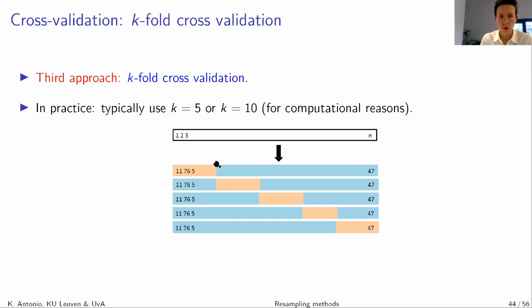You're gonna split the data into k folds. You're gonna train the model on the blue data, and you're gonna use it to predict the orange data. And you're gonna do this in this example 5 times. So you get 5 mean squared errors. You're gonna average these 5 values, and that's gonna be your 5-fold cross-validation error. So that's what we wanna do in the k-fold cross-validation.